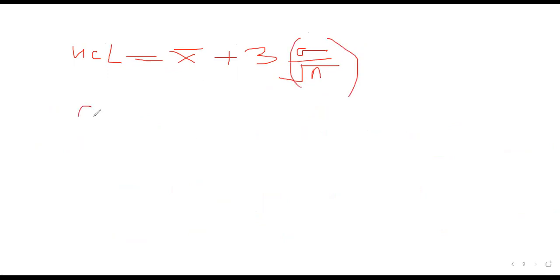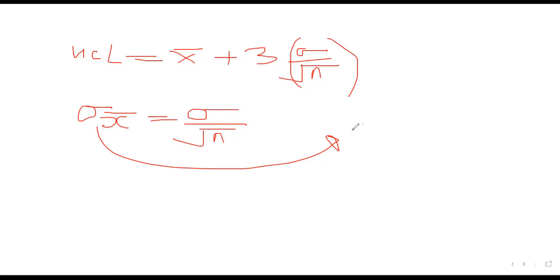Then the upper control limit is equal to X bar plus 3 standard deviation over the square root of N. Now, this one, standard deviation over the square root of N, is called the standard error of the means.